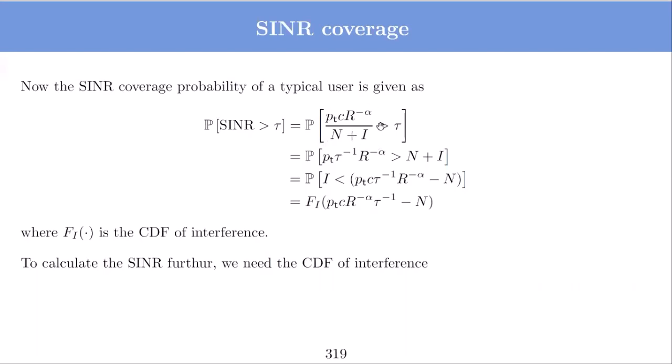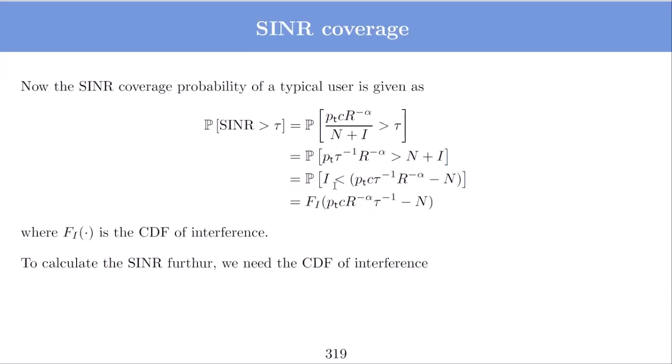So now I will put this here. This will become P_T C R to the minus alpha is greater than n plus I, and then you have a tau also there. Okay, so this is deterministic. This is deterministic. The only thing remaining is I. That is where you have a probability. So this is equivalent to saying the probability that I is less than P_T C tau to the minus 1 R to the minus alpha minus n.